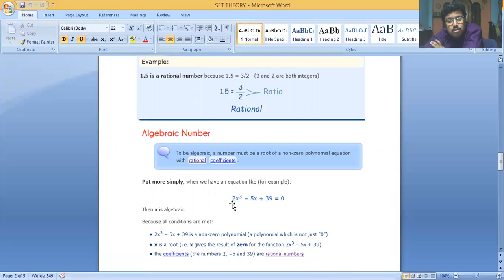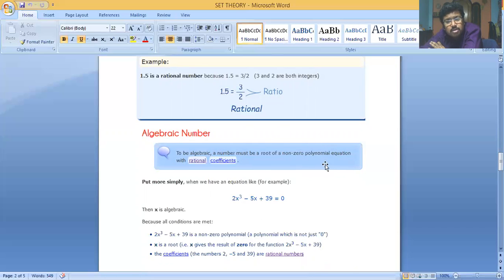So x square, and the rational coefficients 3, 5, these all are the coefficients, and these are rational. As we have mentioned, these are the integers, so rational numbers.